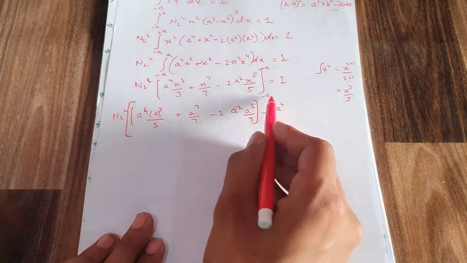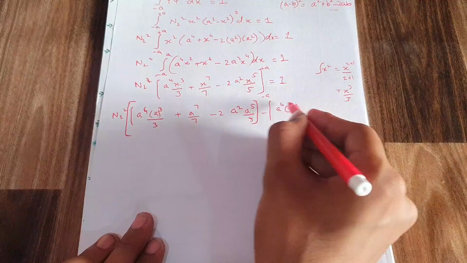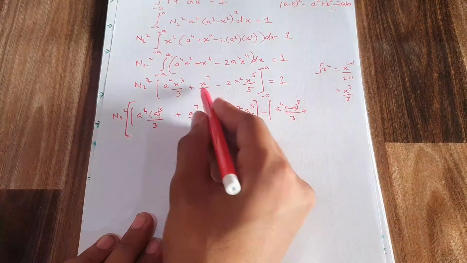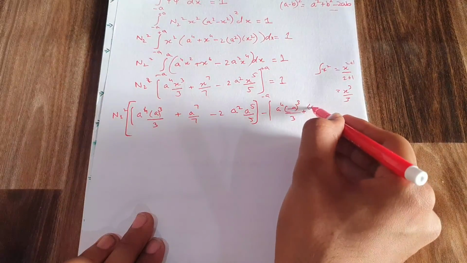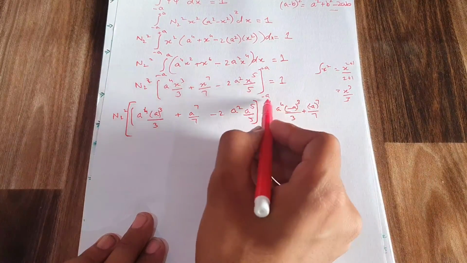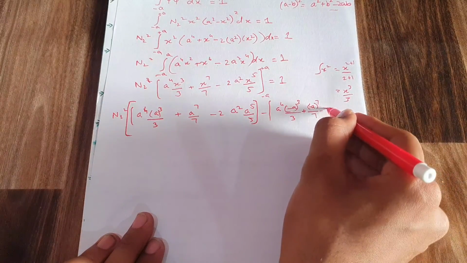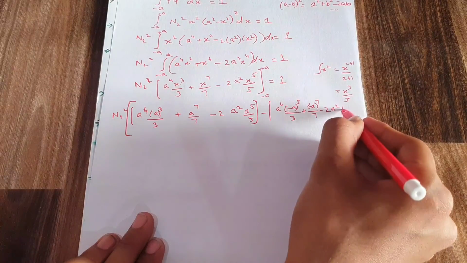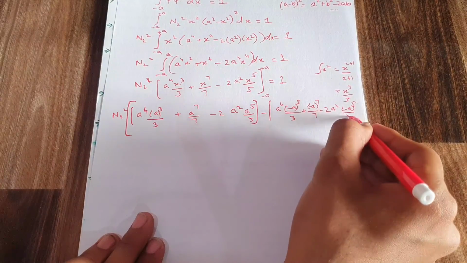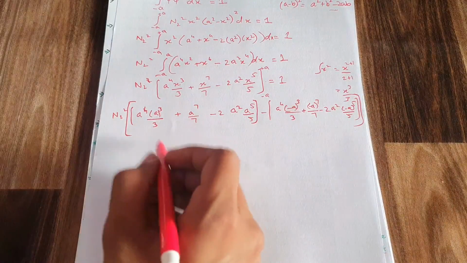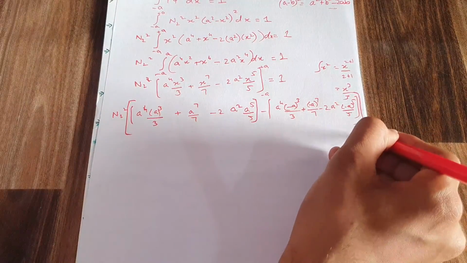And in place of x^3 I would write minus a, so this will come out to be minus a raised to power 3 divided by 3 plus, in place of x I would write minus a, so minus a raised to power 7 divided by 7, and in place of x I would again write minus a, so this will come out to be minus 2a squared, and in place of x I am writing minus a raised to power 5 divided by 5, and this is the outer bracket. Okay, so that whole equation is equal to 1.